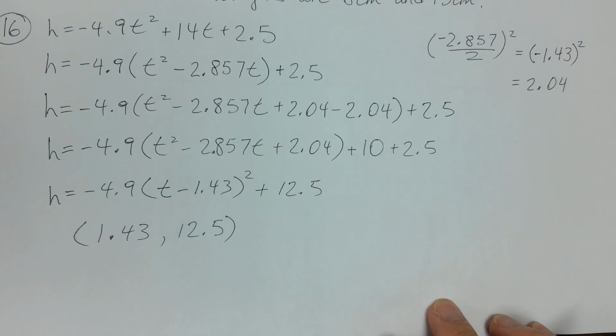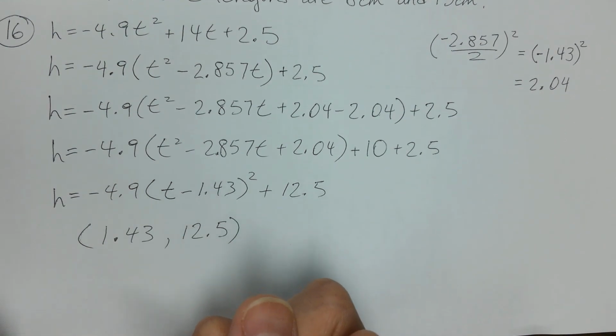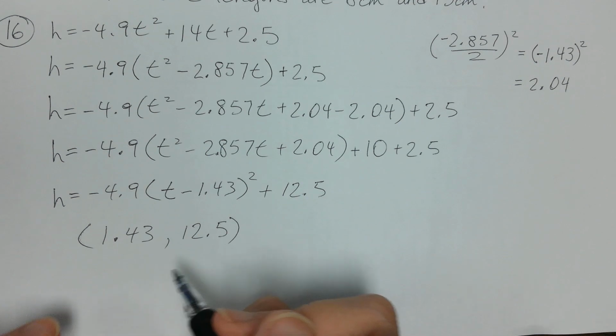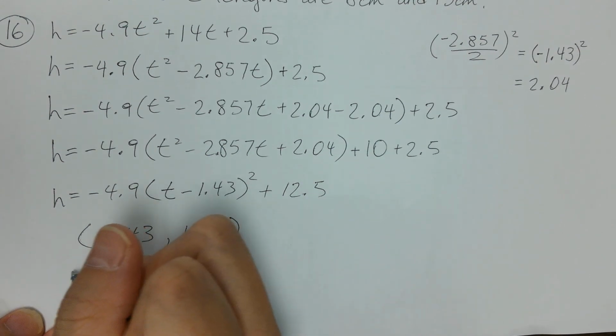In the context of the question, what does this vertex represent? It's a volleyball match. Jenny serves the volleyball, where h is the height in meters and t is time in seconds. So what did we just solve for right here? Rosie?